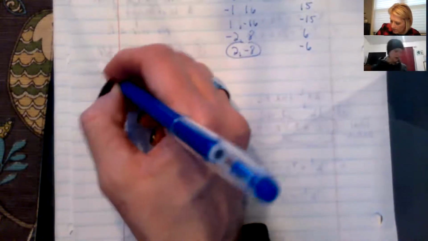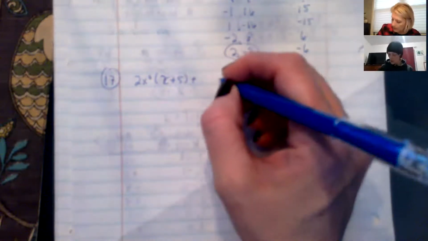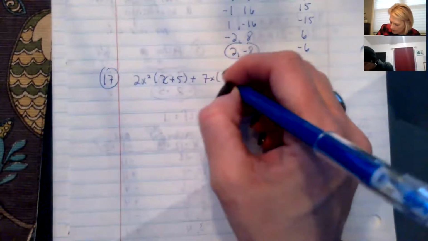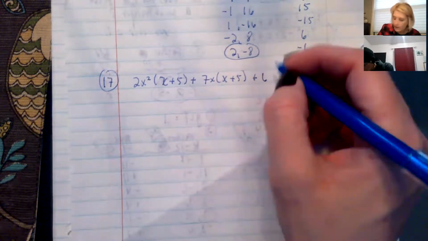I gotta rewrite it because it looks like chaos on my paper right now. It was 2x squared times x plus 5, plus 7x times x plus 5, plus 6 times x plus 5.